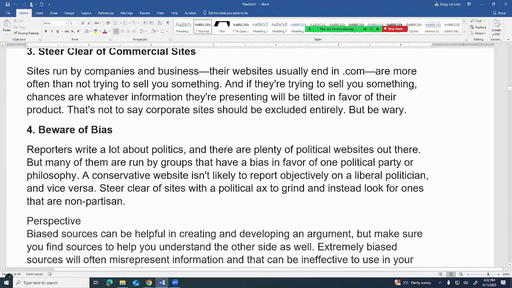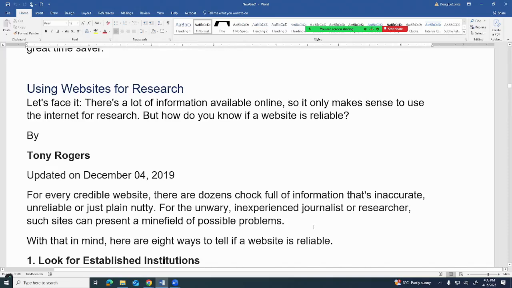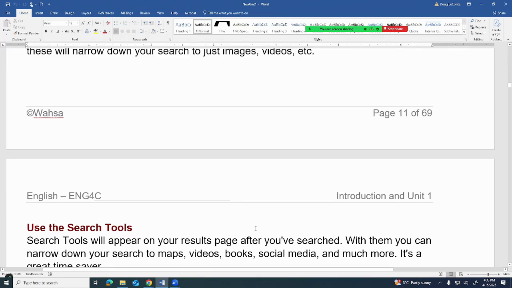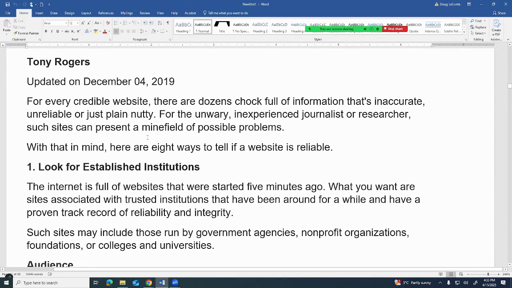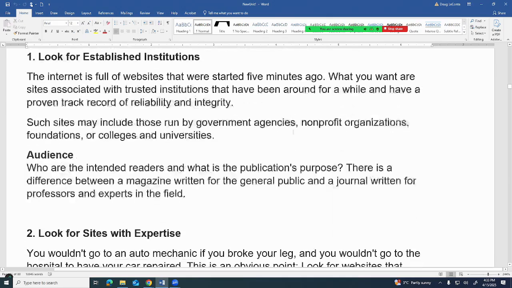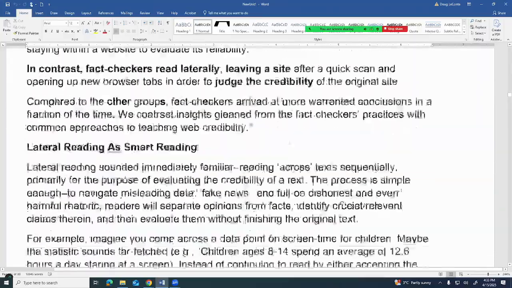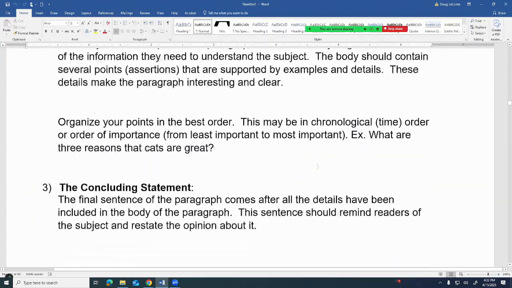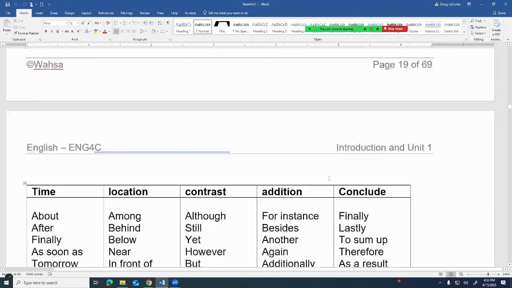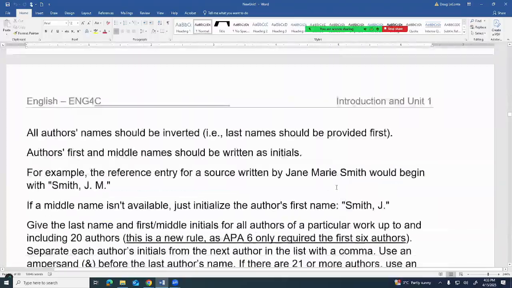Right, here they are, right here on, sorry, using websites for research on page 12. Okay, I asked you to read that for homework last night. So this is where you find the criteria for websites. Now, I wonder if there's a better way than for me to scroll back and forth like this all the time. It seems it takes too much time, but anyways, bear with me.